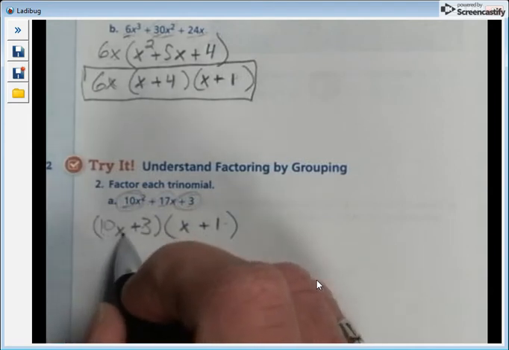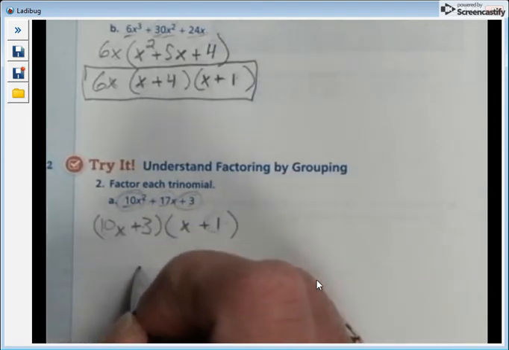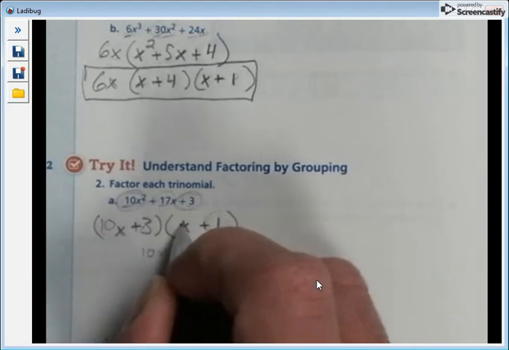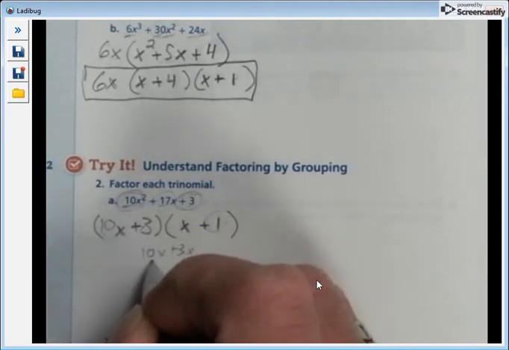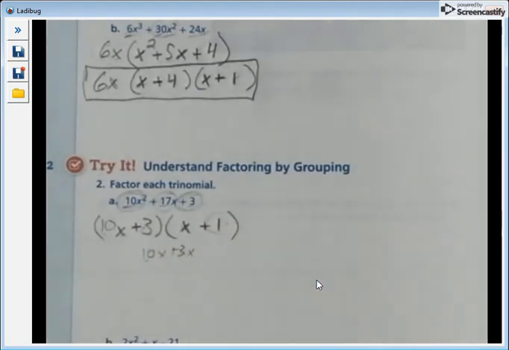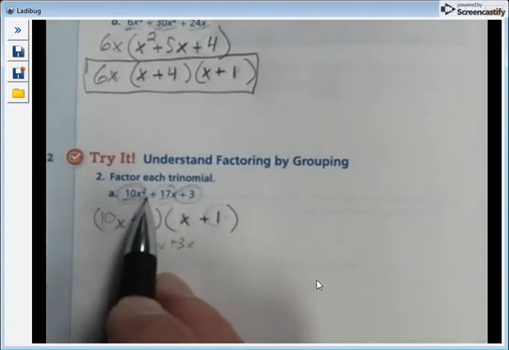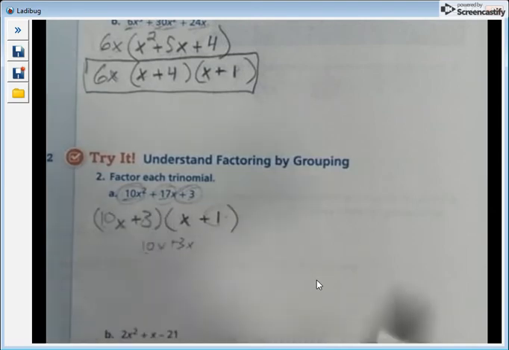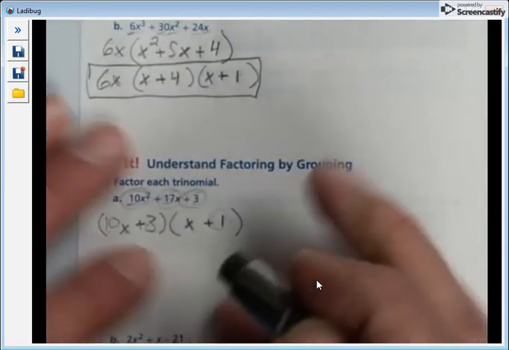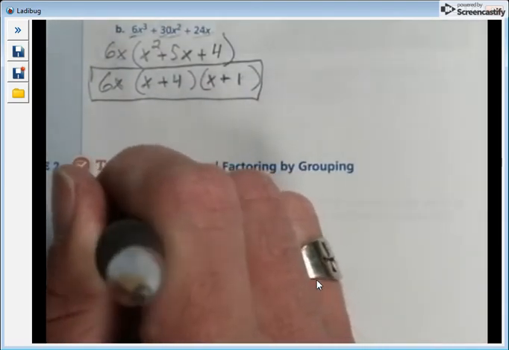Then 10x times 1 gives me 10x, and 3x, but 10 plus 3 is not 17. So when you start distributing out, we're not going to get back to that 17x. This isn't the right combination. 10 and 1 maybe doesn't work.